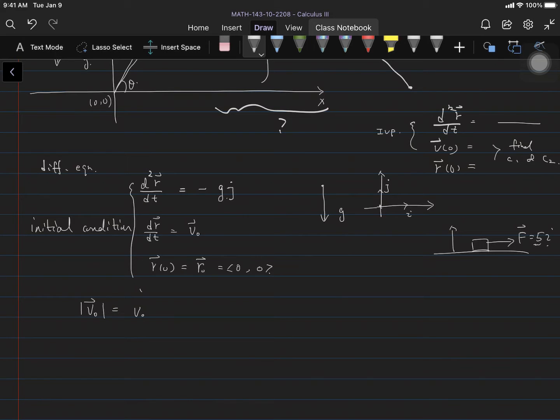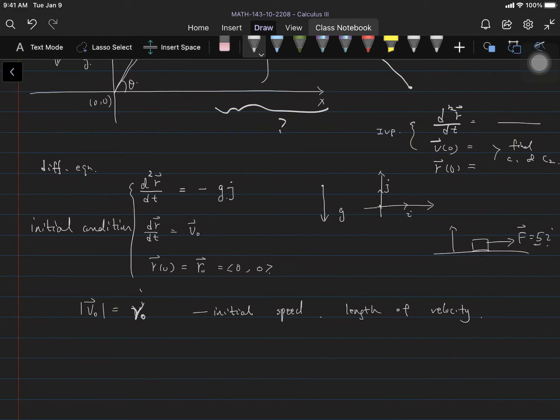So we can write it down this way. In the book, it's written like this, kind of like |v naught|. Okay, this is the initial speed, the length or magnitude of the velocity.